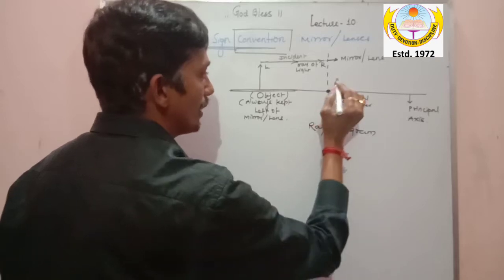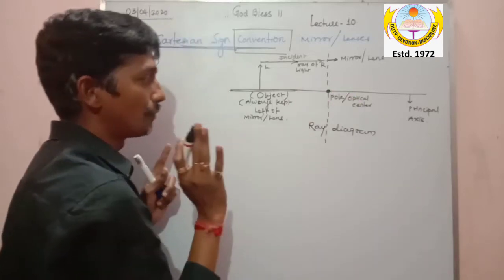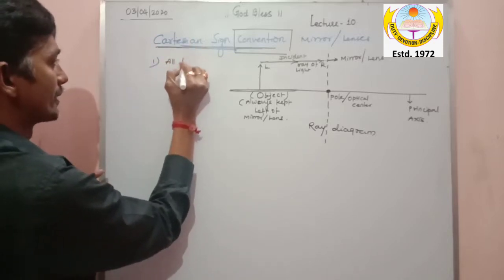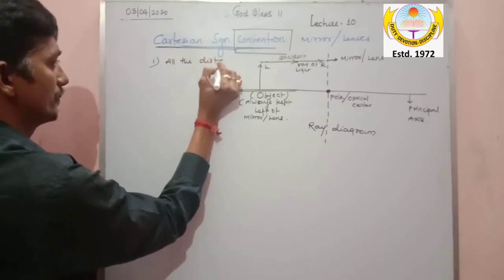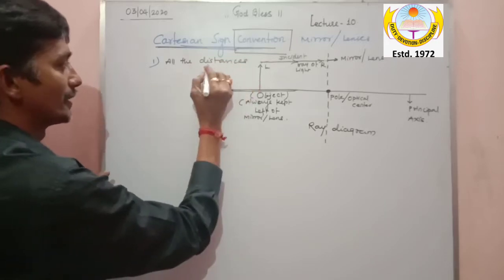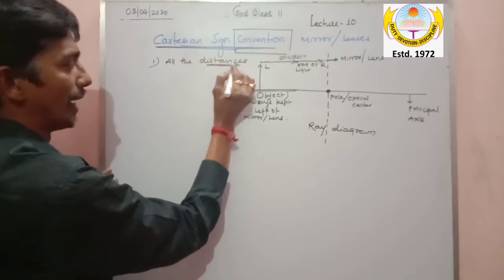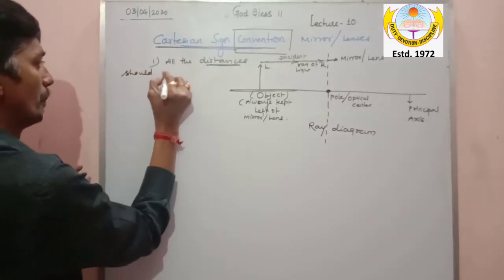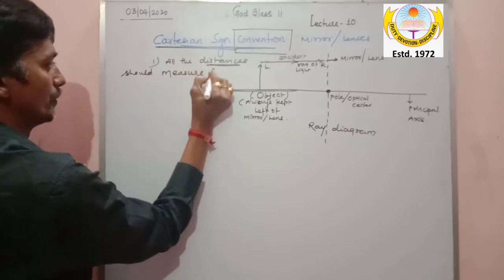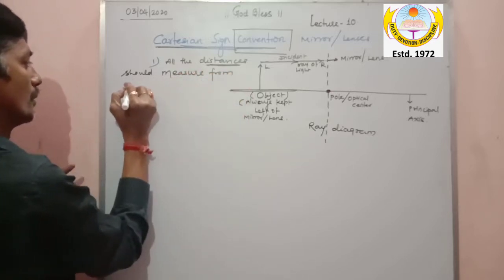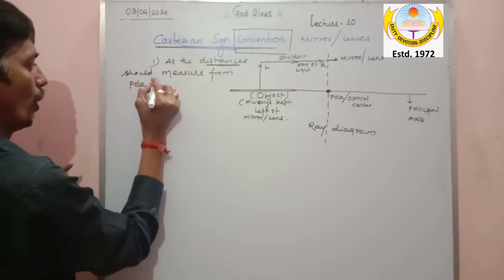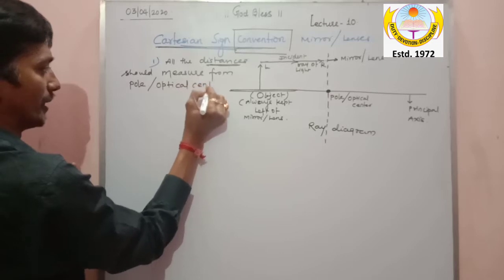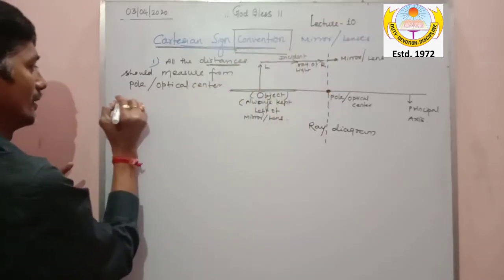Now, what is the first Cartesian sign convention? All the distances should be measured from the pole, or you can say the optical center, because I am discussing both mirror and lens.